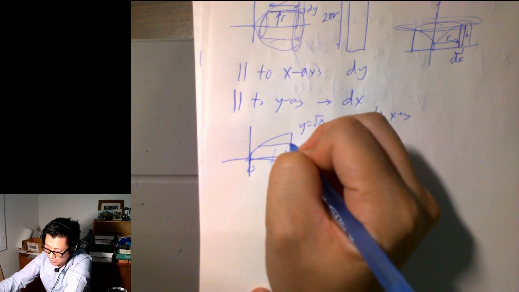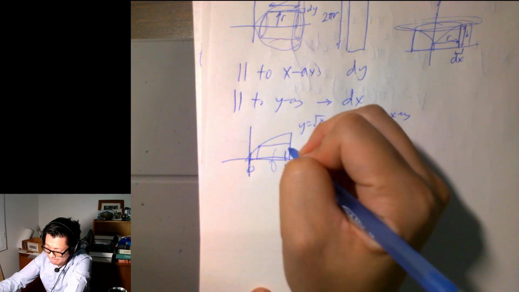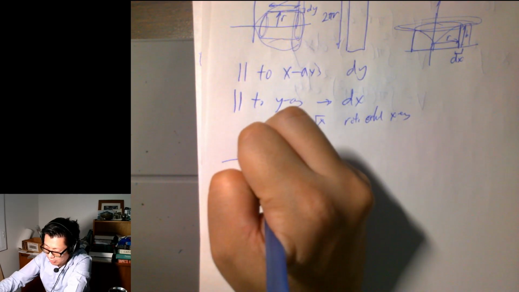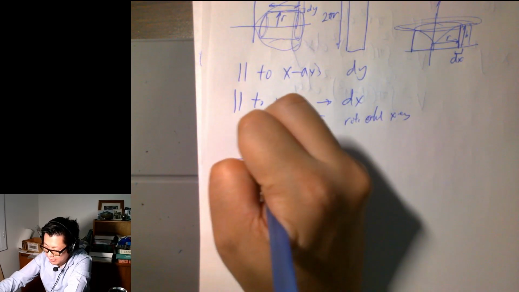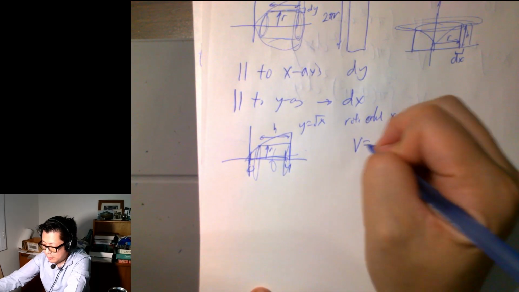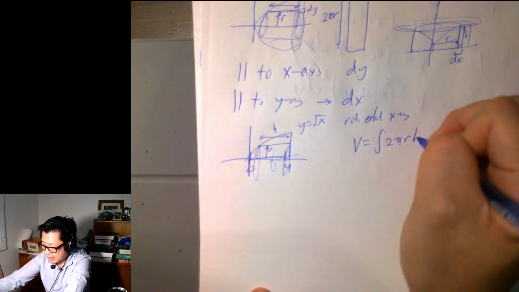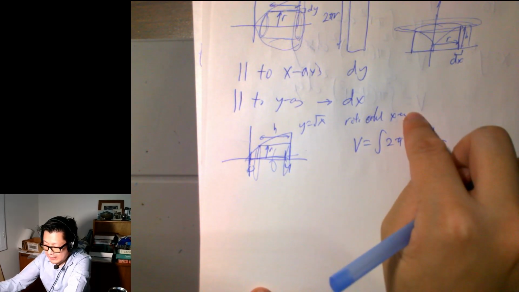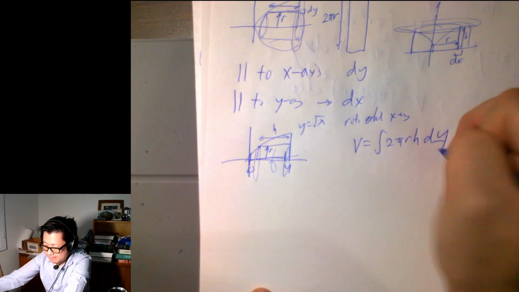Sorry, my shell goes like this. So my r would be here, my height would be here. Remember that's going to be volume of 2 pi r h d something. So it's rotated about the x-axis, so we know it's going to be dy.